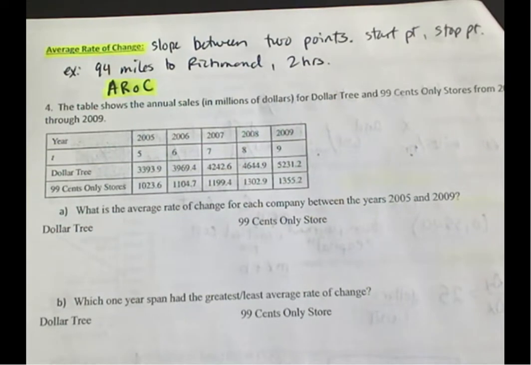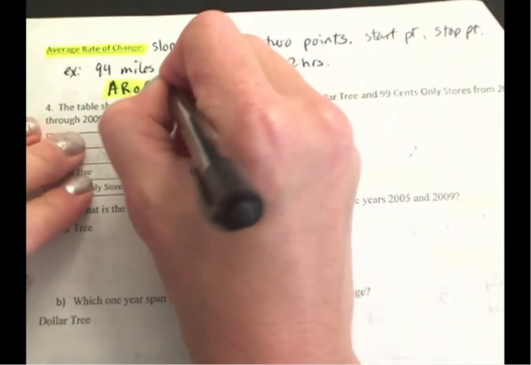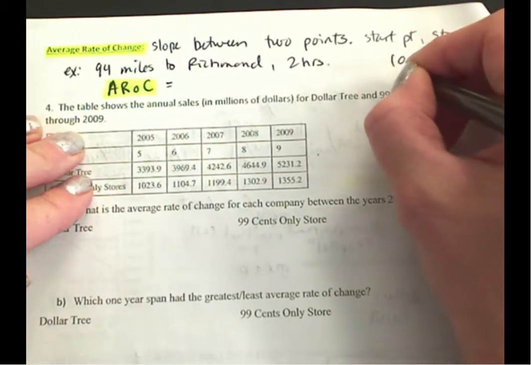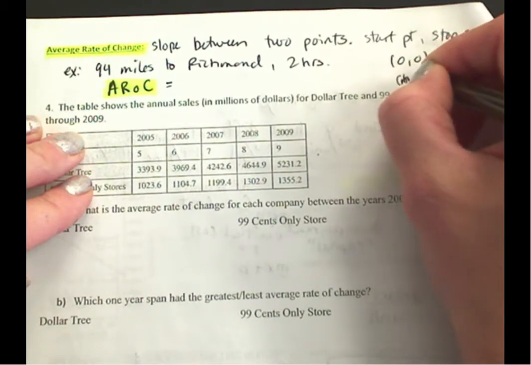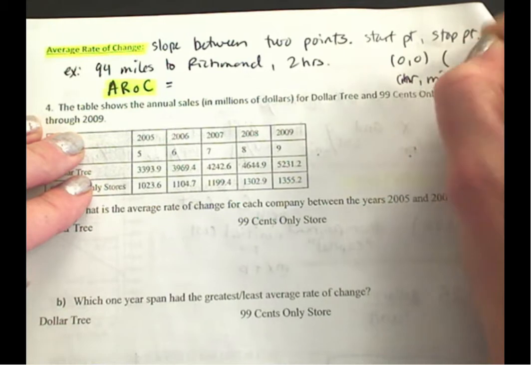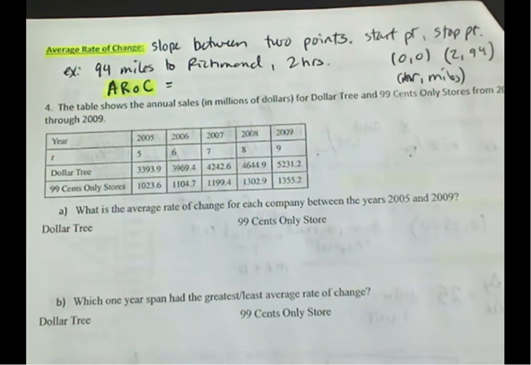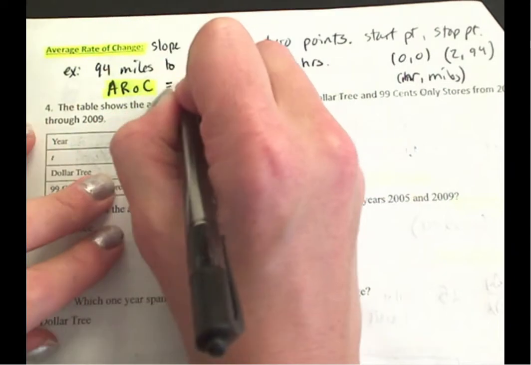Now you start at 0, 0. 0 miles, 0 time. 94 miles, 2 hours. So your two points, 0, 0, let's go hours, miles, hours, miles. Okay, there are your two points. You start driving, you start at 0, 0. So what's your average rate of change?